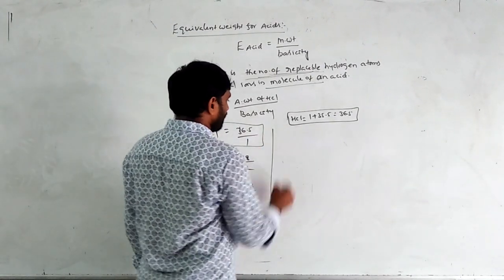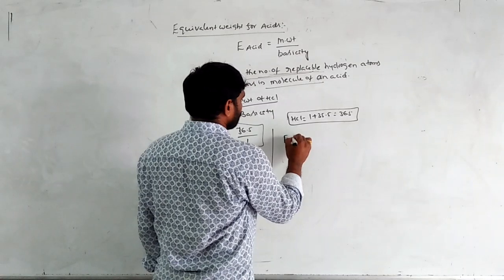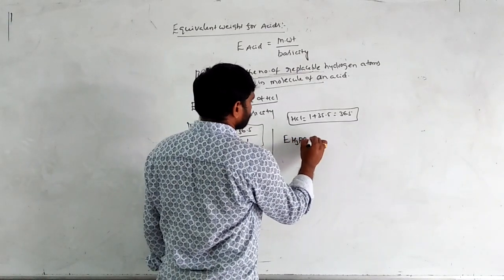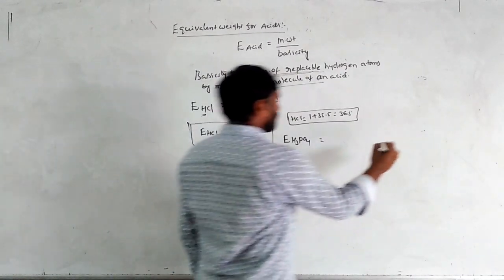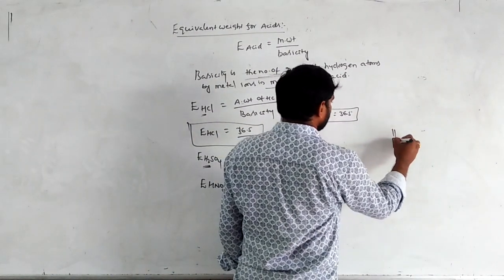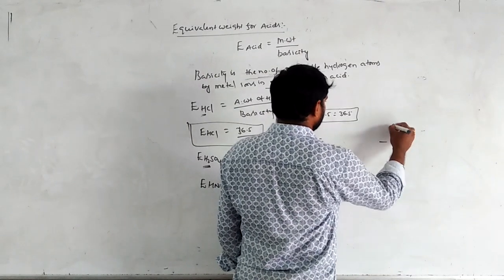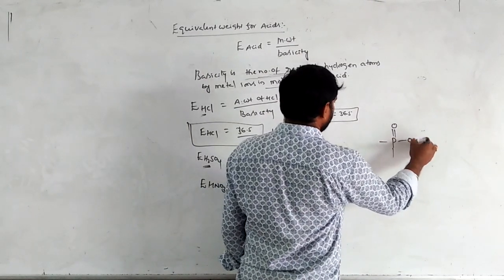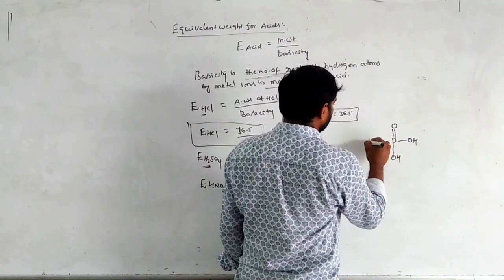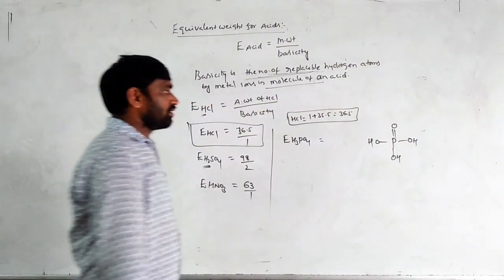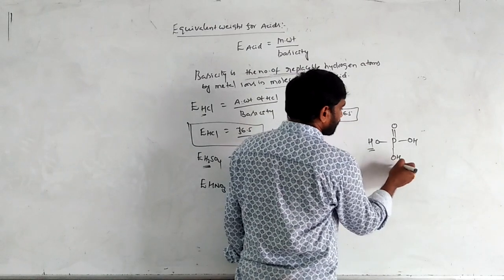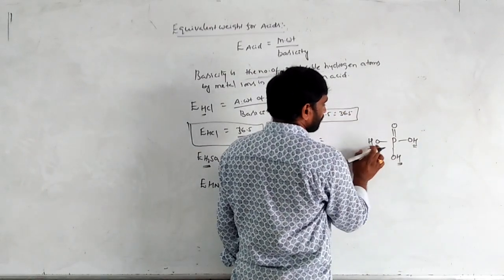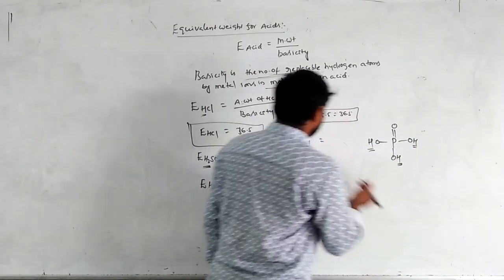So equivalent weight for acids equals molecular weight by basicity. Here the equivalent weight of H3PO4: phosphorus is pentavalent, with OH groups. The number of hydrogens present in OH is 3.